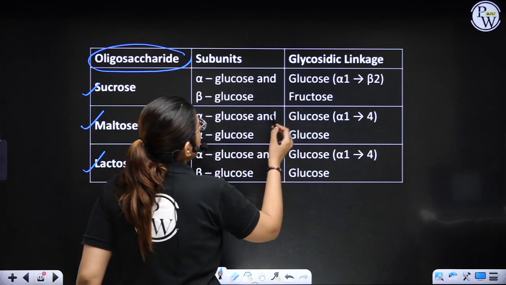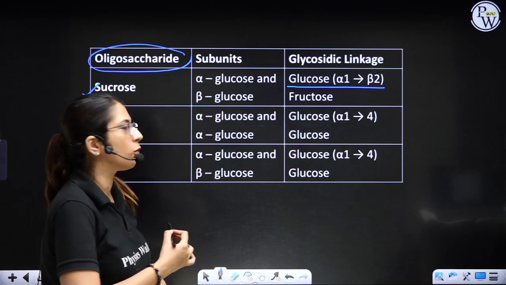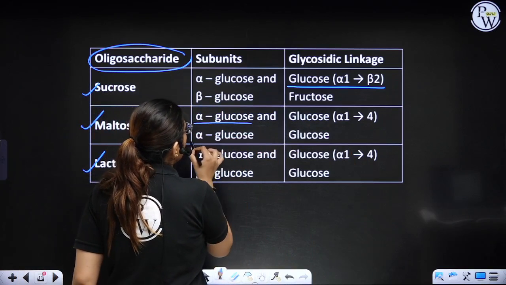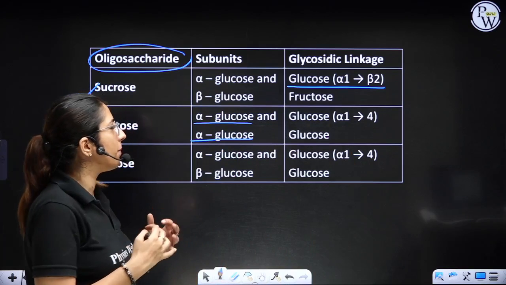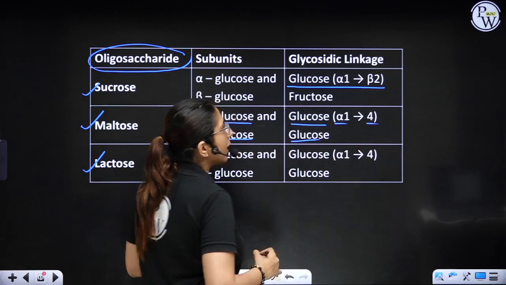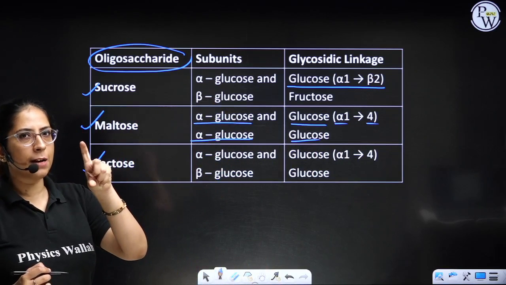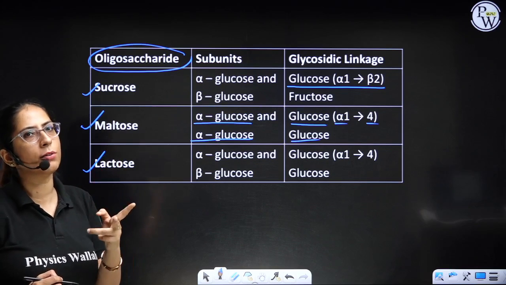Here the glycosidic linkage is glucose alpha 1, beta 2 fructose. Maltose has two subunits, alpha glucose and alpha glucose, joined together by glucose alpha 1,4. That means the first carbon of the alpha glucose is attached to the 4th carbon. So this is how the name has been given.